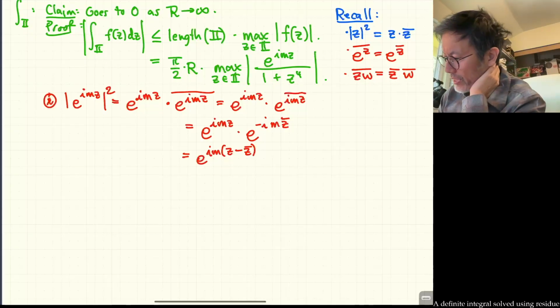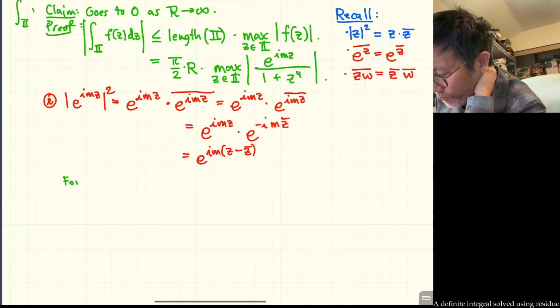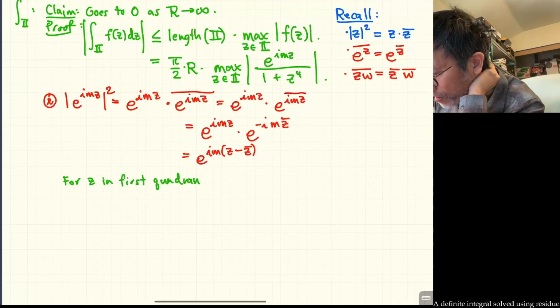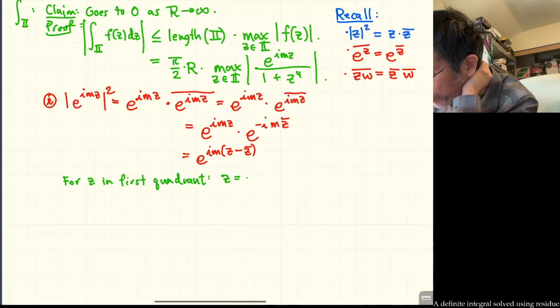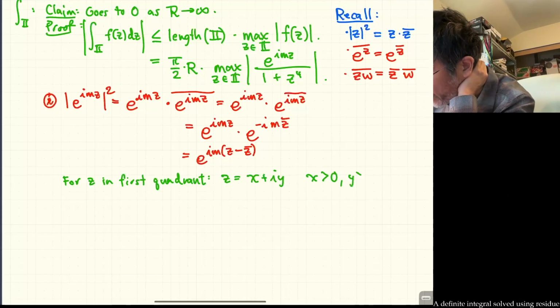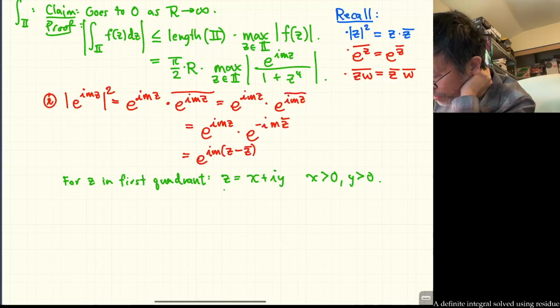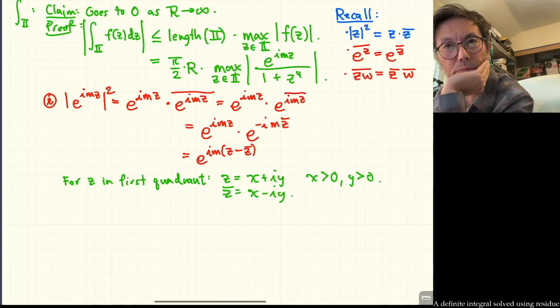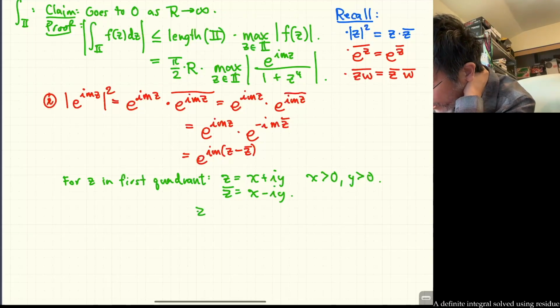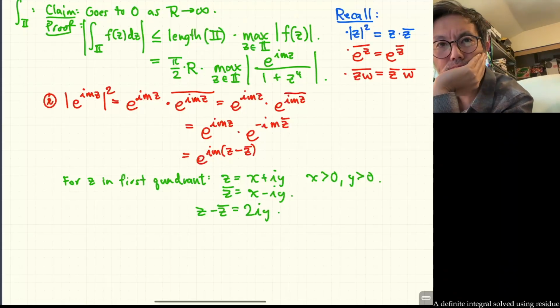So for z in the first quadrant, z is equal to x plus iy, where x is positive and y is positive. So z bar is equal to x minus iy, so z minus z bar is equal to 2iy.